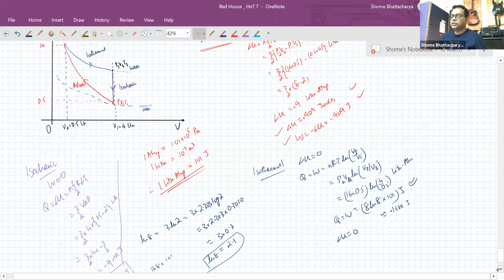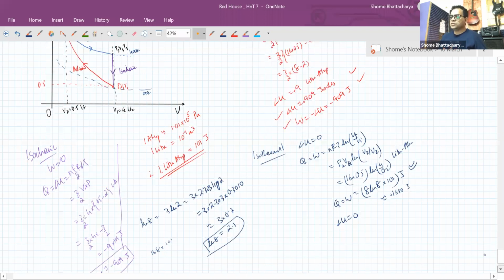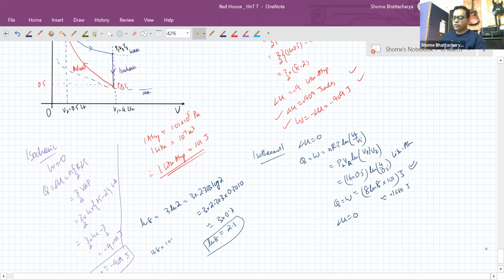And accordingly, you understand where to apply what formula. Try not to do it by rote learning, and always understand the applications from the definitions of the different types of processes and the concepts behind those definitions.